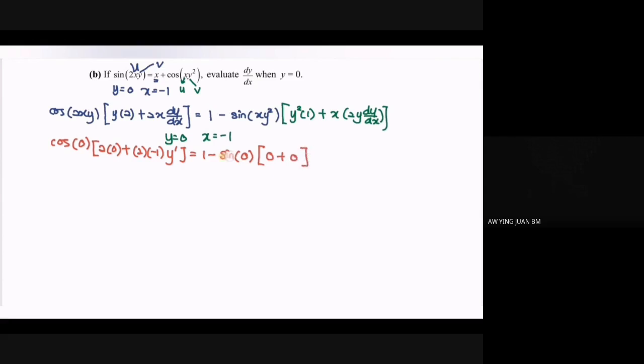So for this case, the whole thing will become 0. For this one, we will have 1 multiply with 0. So we will have negative 2y prime equals to 1. So from here, we notice that we will have negative 2y prime equals to 1. So the first derivative, or we said the dy dx will be equals to negative 1 over 2.